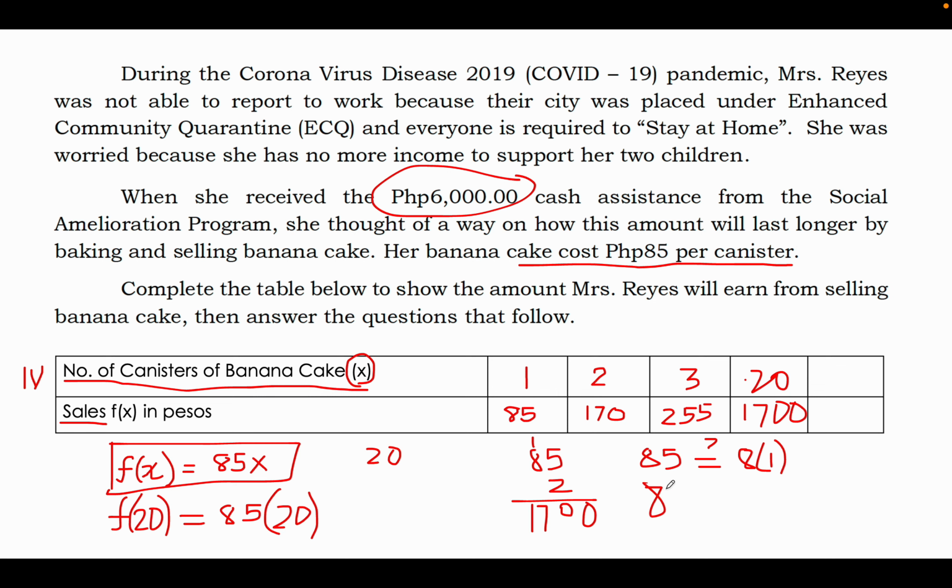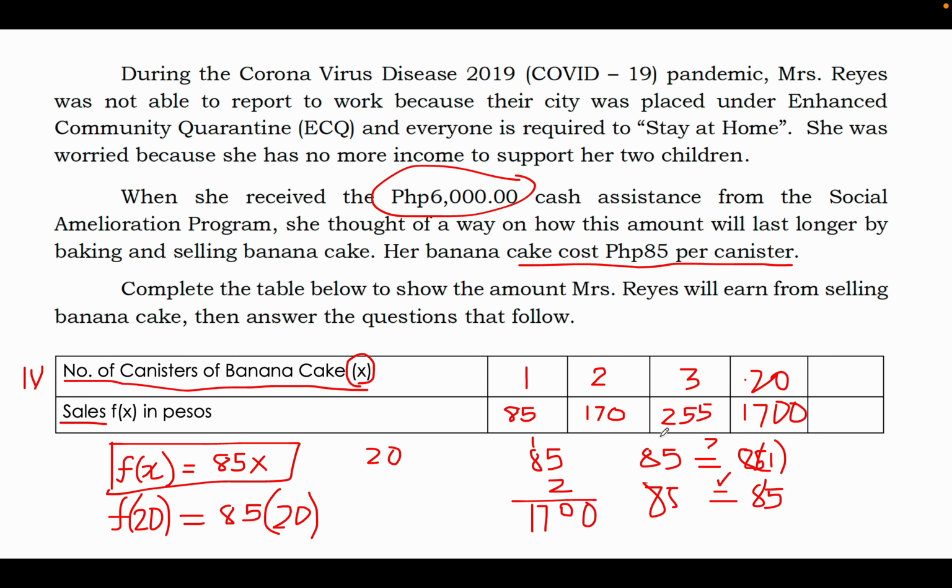So, 85 is equal to 85. There. So, 85. Chine-check nyo lang siya. Understood? Ganun lang kasimple.